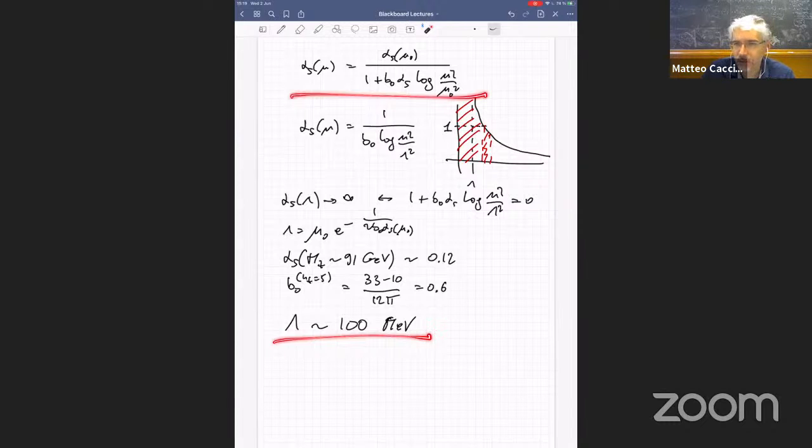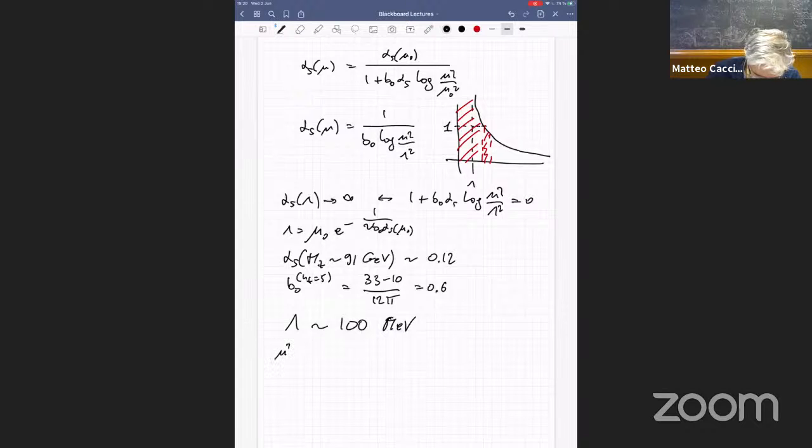Lambda is not a physical observable. Lambda is a perturbative quantity that depends on the order of perturbation theory, and it depends on the renormalization scheme that you have chosen. So for instance, suppose you calculate the renormalization group equation to higher orders, and so let's say beta QCD. So we have minus B0 alpha S squared.